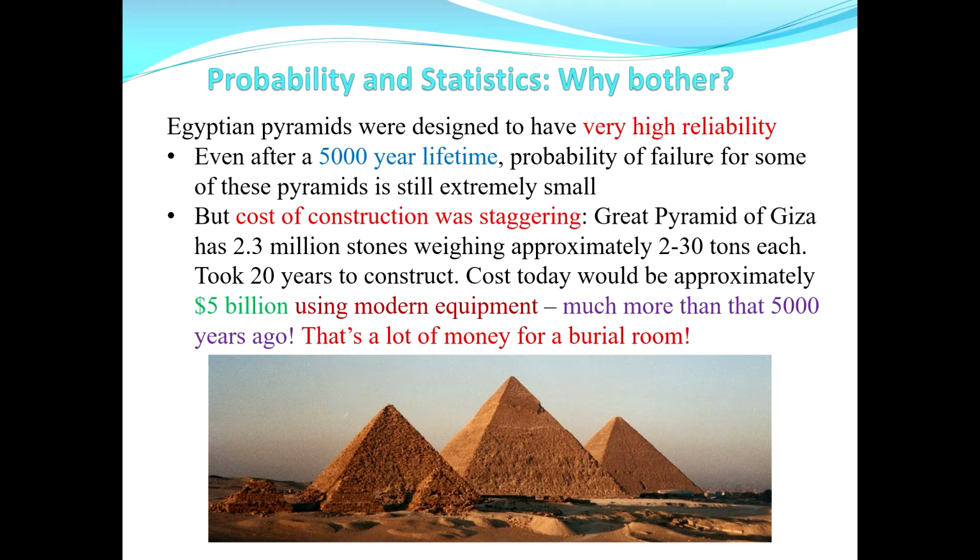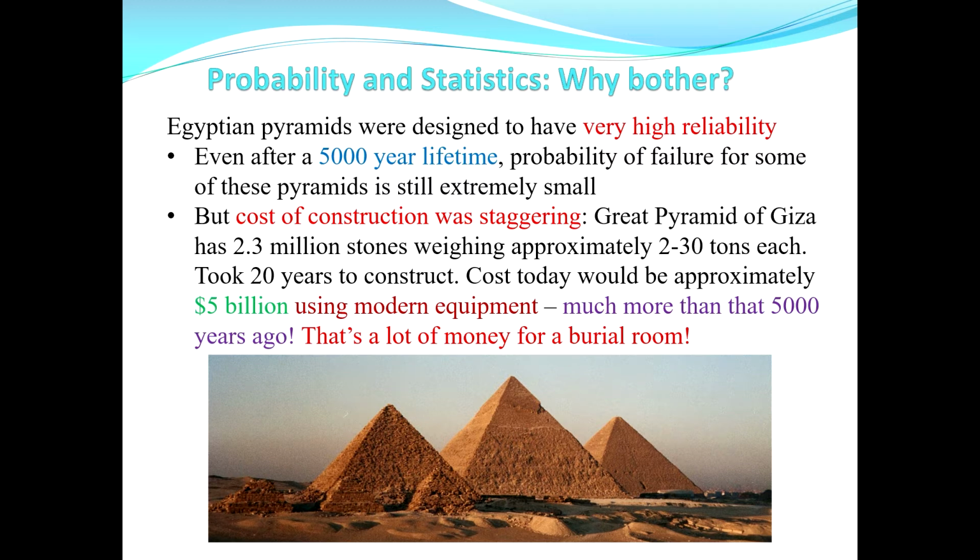For example, here's the first slide: the Egyptian pyramids were designed to have an extremely high reliability. Even after 5,000 years, a lot of those pyramids are still in excellent shape. And not surprisingly, they're just made out of great big blocks of stone.